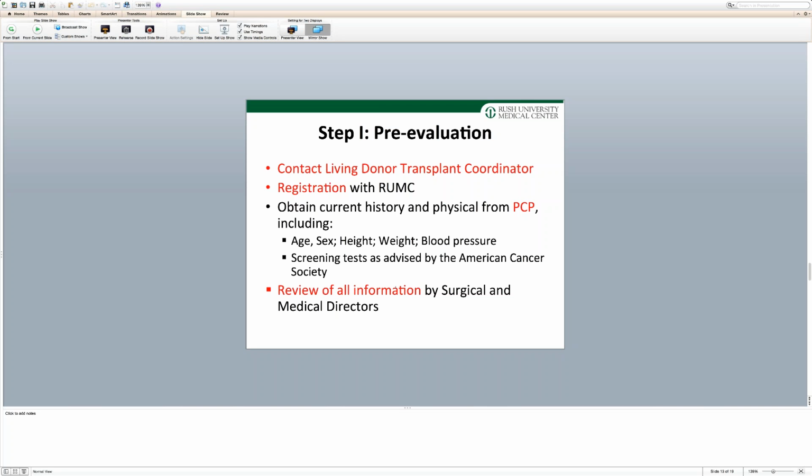For example, screening for breast cancer, screening for colon cancer. All this information is reviewed by the surgical and medical director in the institution, and if no major comorbid conditions are present as outlined in our protocol, we can proceed to step 2.